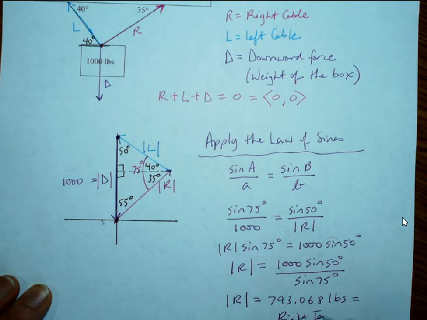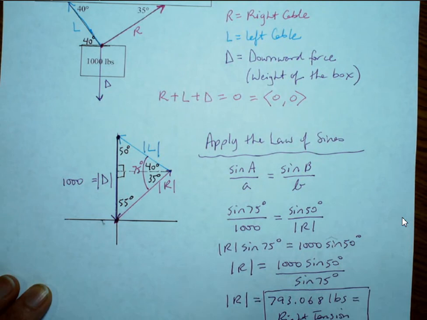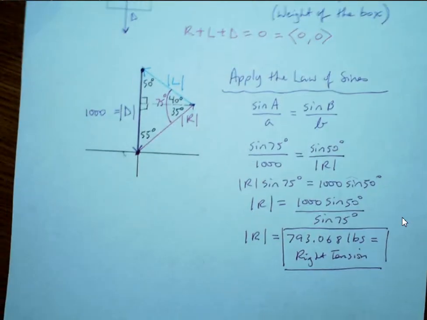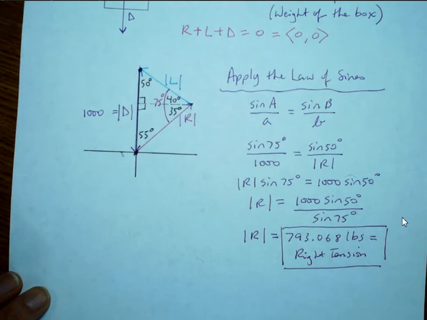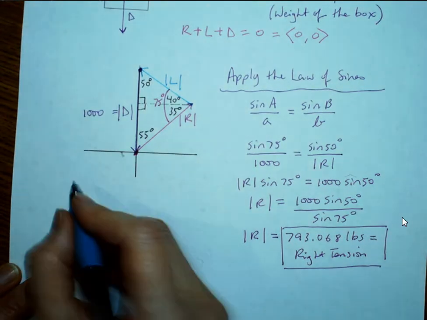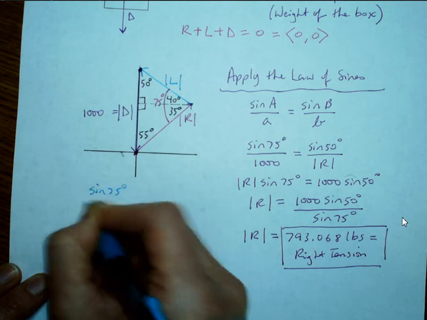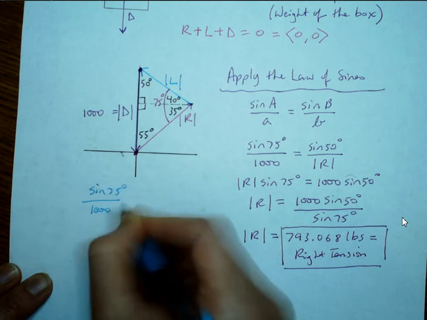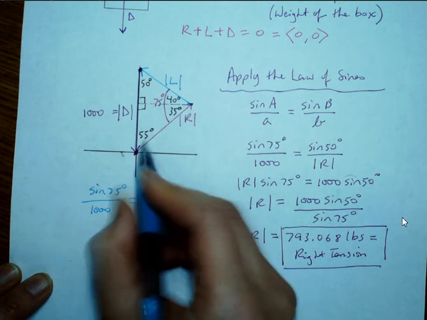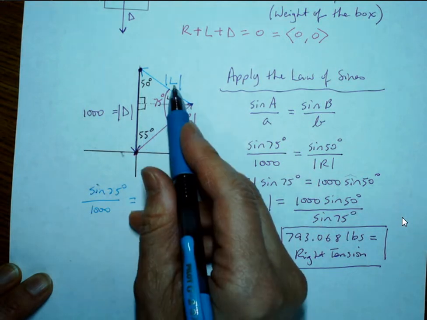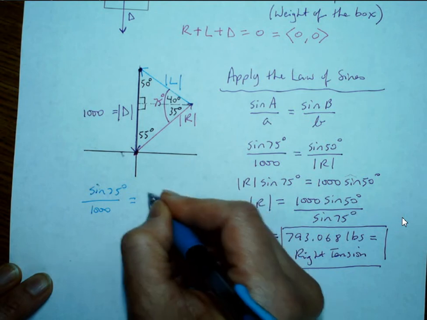This is the right tension. Okay, and then for the left tension, you'll do it in a very similar fashion. So I have sine of 75 degrees, divided by 1,000, and that is equal to, now I'm going to be using this angle since that is the angle that's opposite the left tension.